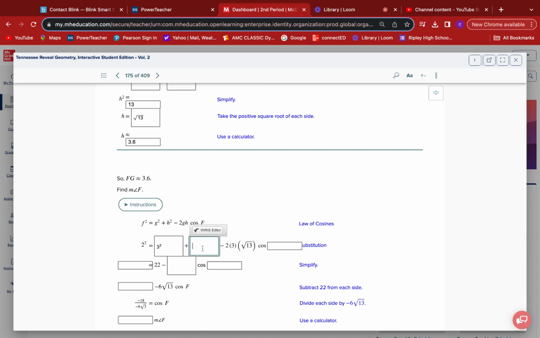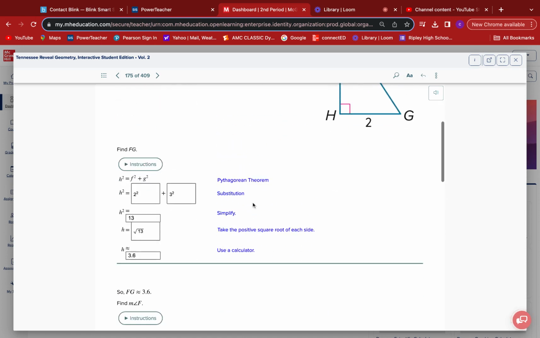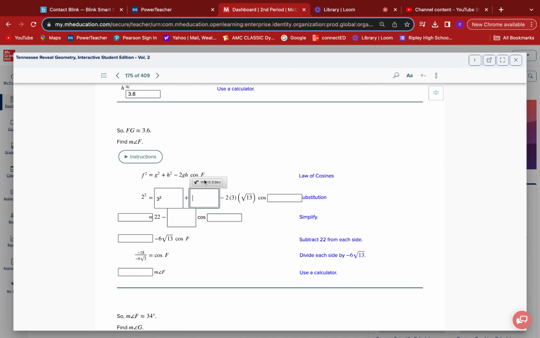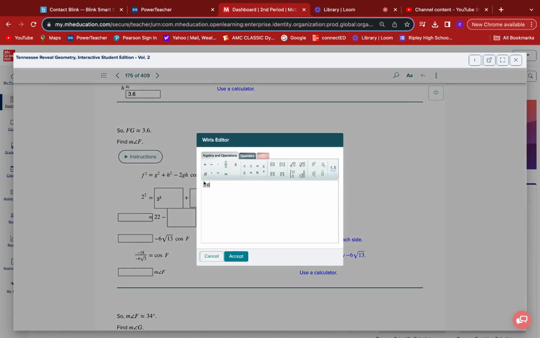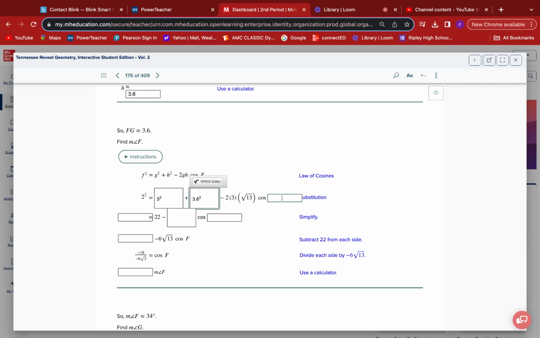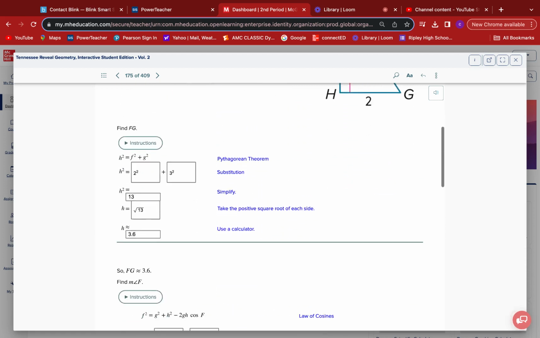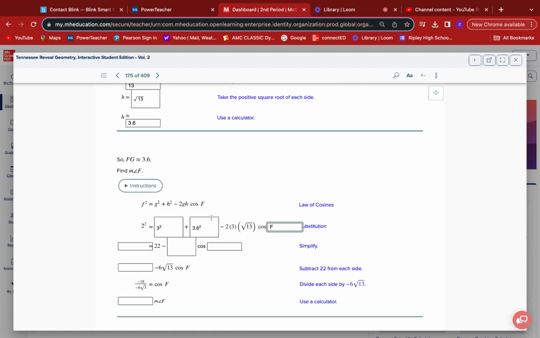H squared is what I just found, 3.6 squared. Oh, they want me to do the square root of 13. My apologies. So the same thing. And that's going to be cosine of F. What's F? I don't know what F is. F is what I'm looking for, so let's keep it as F.